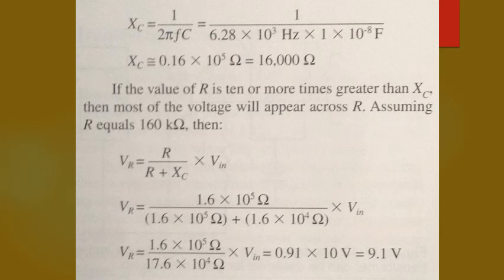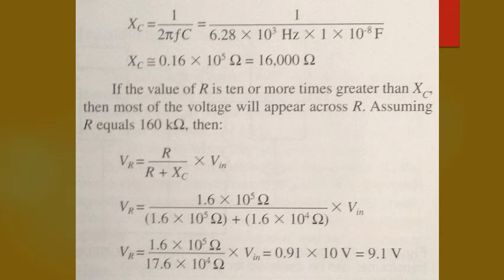Then, looking at the formulas, VR equals R divided by R plus XC times Vin. Plug in the values.